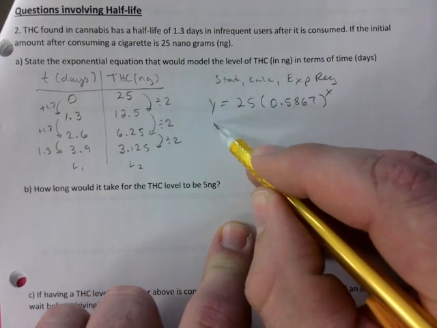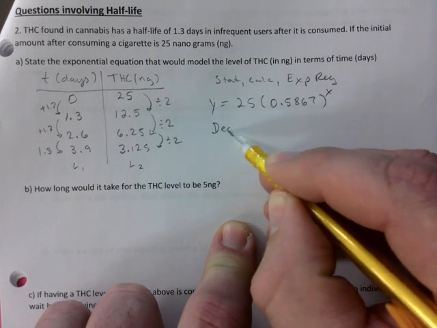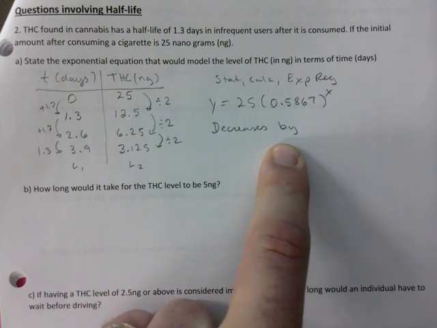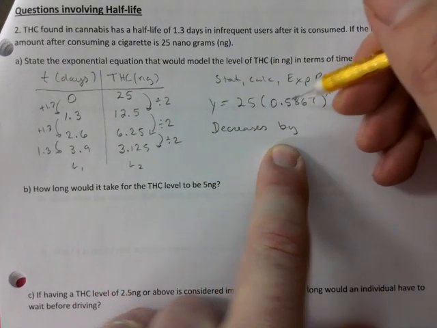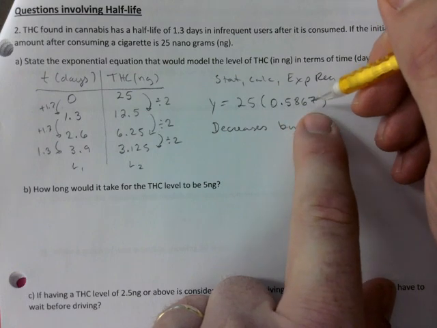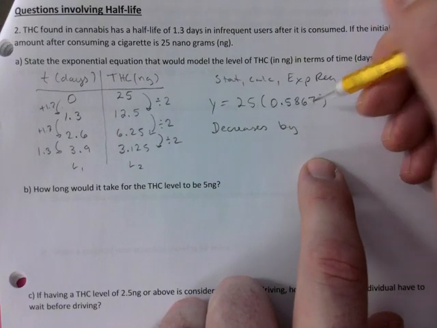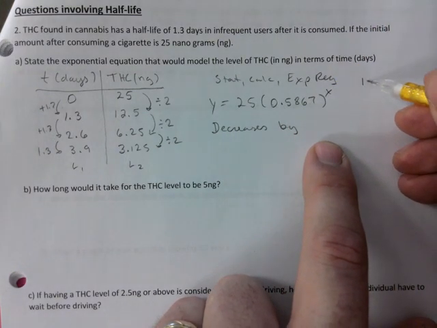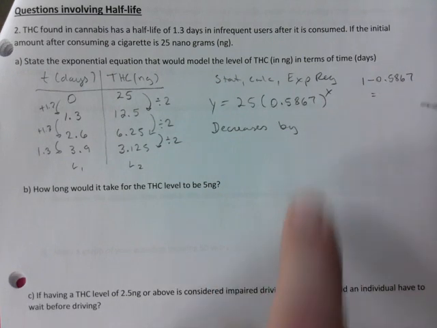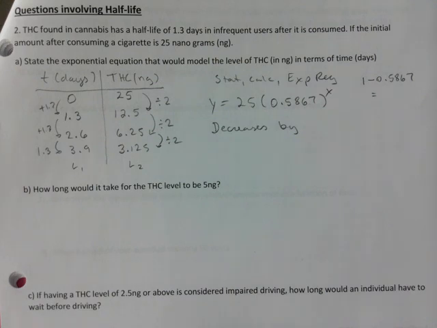This is a decreasing function, right? It decreases by, and this is a little trickier, right? Students just want to go always the trailing end, like it's 0.5867. Not true. You need to go 1 minus 0.5867, and then you'll find out.